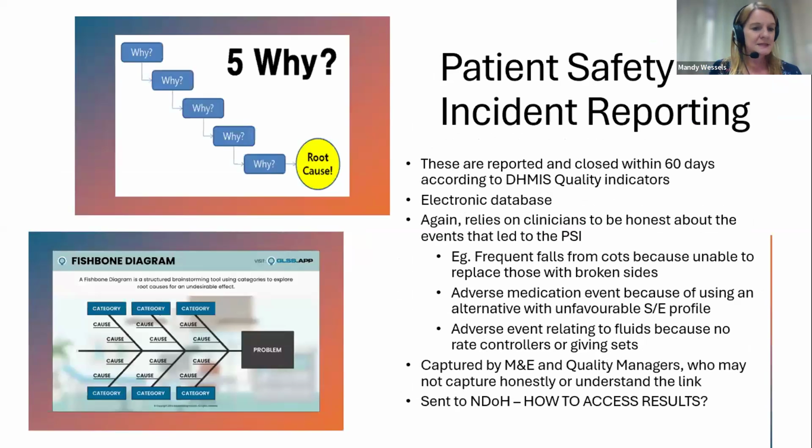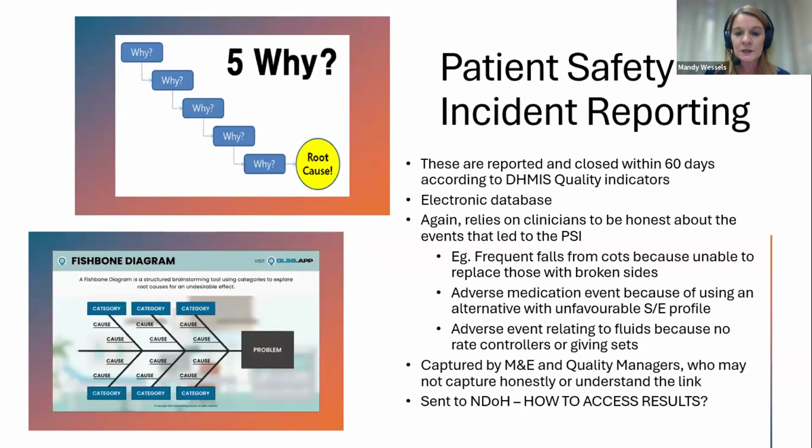So the last three, I'm skipping through one slide each, and that's just to say, remember when you're reporting your patient safety incidents that you're going to be looking through your 5 whys or your fishbone diagram, whichever method you use to look at your root cause of a patient safety incident. It will be really important to try and remember to capture where finances impacted on a patient safety incident.